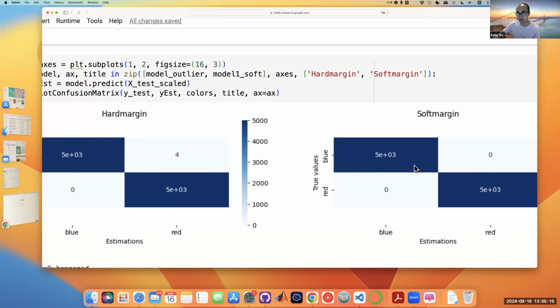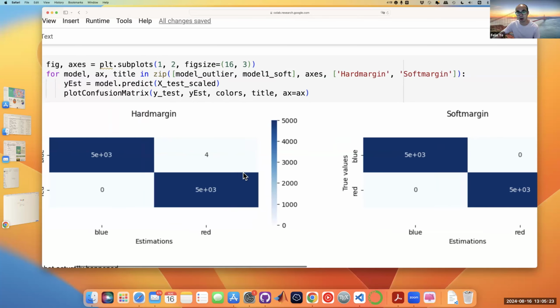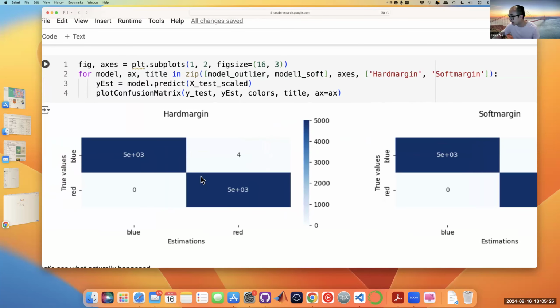So you can see this is a much better way to work, and hard margin is not a good way to work. Although mathematically it's quite clear and quite beautiful, in practice you should never use hard margin. Hard margin just gives you an idea of how to formulate and solve the problem if you really want your data to be perfectly separable.